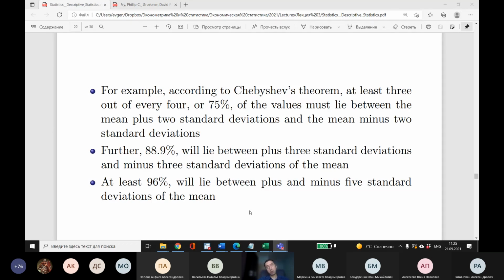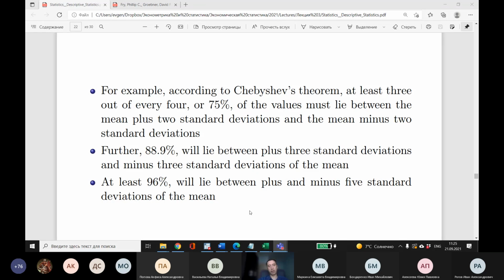For example, you have continuous data, such as marks on economic statistics, and you know the distribution of these marks, and you want to learn the percentage of students who received marks within plus minus 2 standard deviations from the mean.